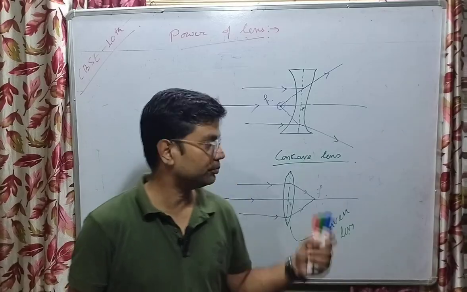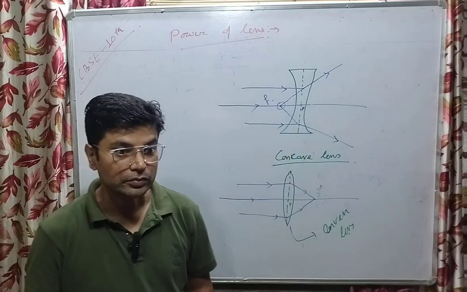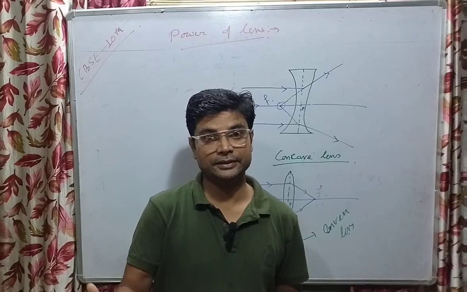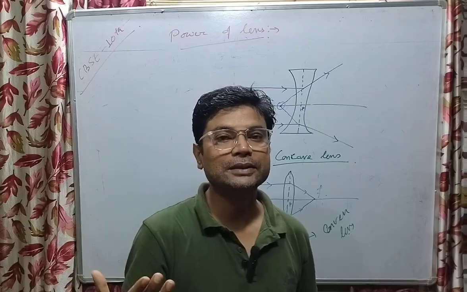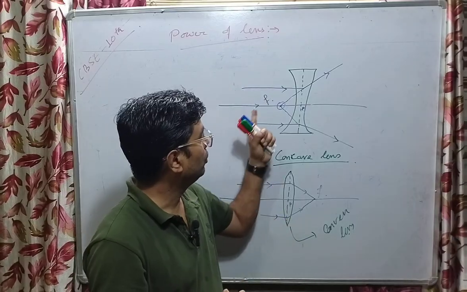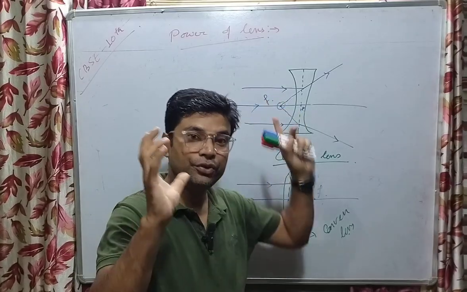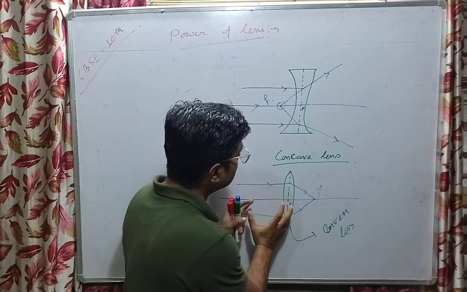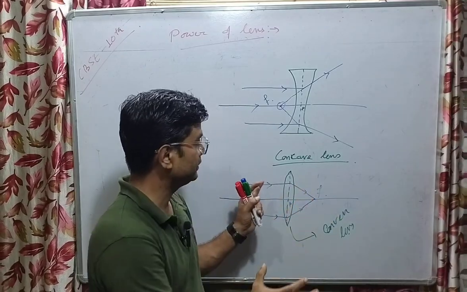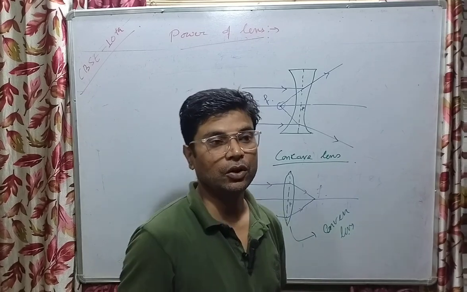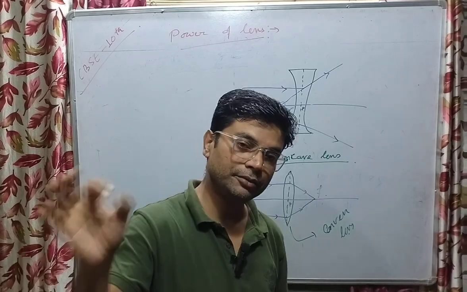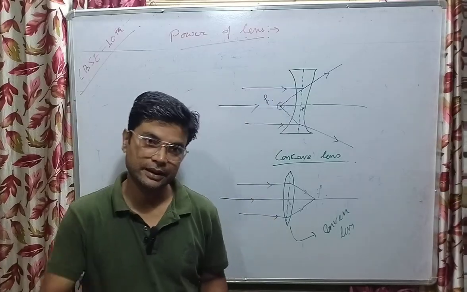From these two incidents, I can say simply that the capacity to diverge for a concave lens and the capacity to converge for a convex lens is called the power of that lens. Correct?